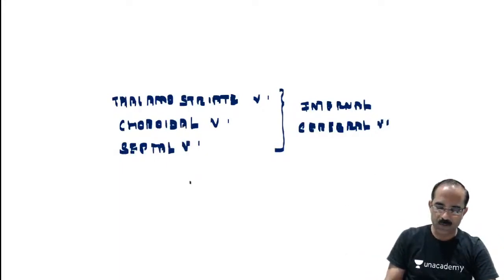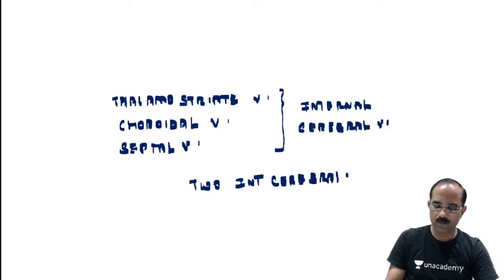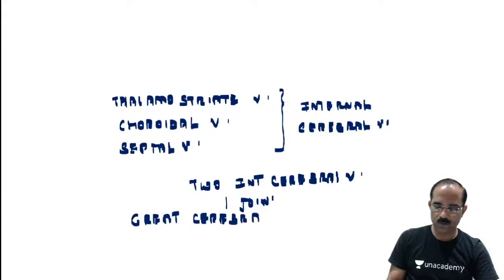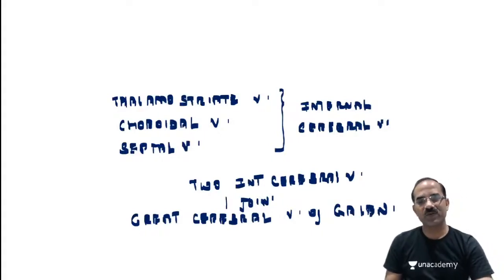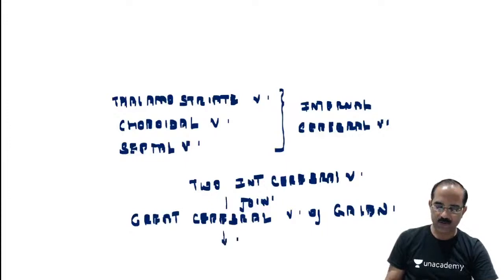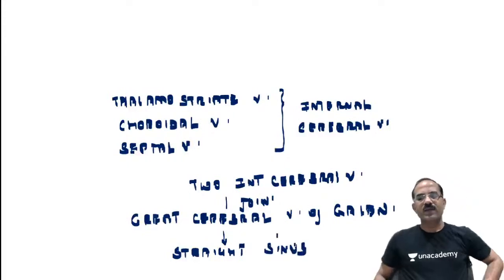Two internal cerebral veins join to form the great cerebral vein of Galen, and this great cerebral vein of Galen drains into the straight sinus. Yes, excellent. Very nice, children.